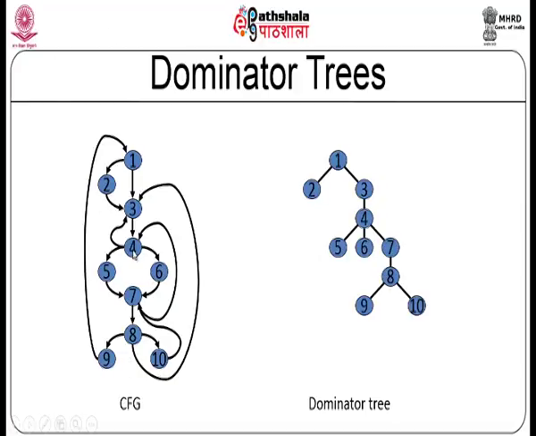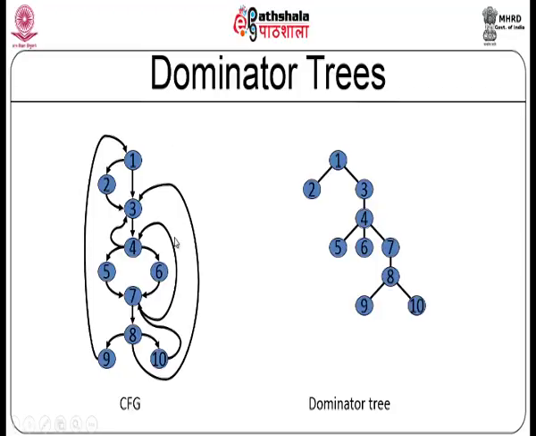Now, 4 dominates 7. Now, 5 or 6 is not a dominator node because to reach 7, I can come through either 5 or 6. And similarly, to reach 9 or 10, I have to come through 8 necessarily. So therefore, 8 dominates 9. In addition, 7 dominates 8, therefore 9 is being dominated by 7.